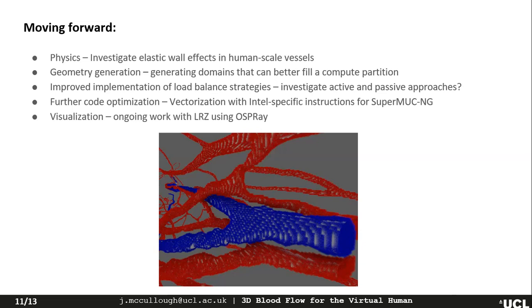For example, further improving the load balancing, either through active or passive approaches, and for machines like SuperMUC, taking advantage of specific vectorization instructions. We're also working with LRZ using the Osprey modules to improve visualization and do almost real-time simulation of blood flow simulations. That's something that we're quite interested to work towards further.